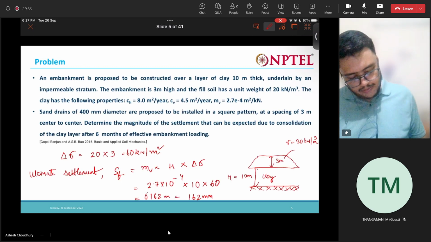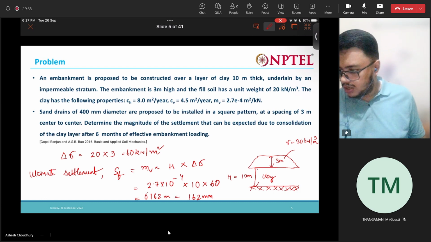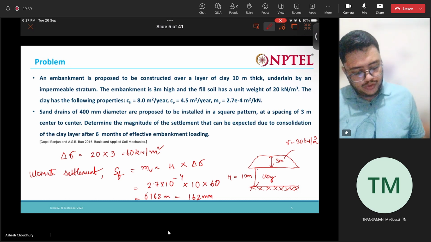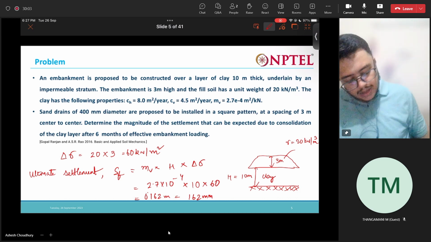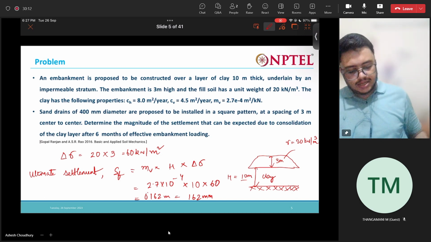Now let us come to the vertical drainage part. Say now we just have vertical drainage. In vertical drainage, what is the maximum drainage path that the soil has to undergo? That is 10 meters, since this is single drainage.